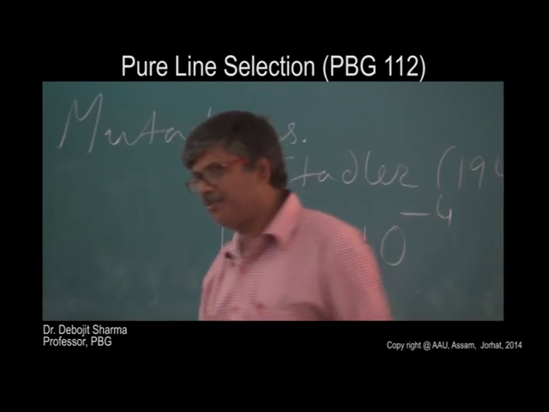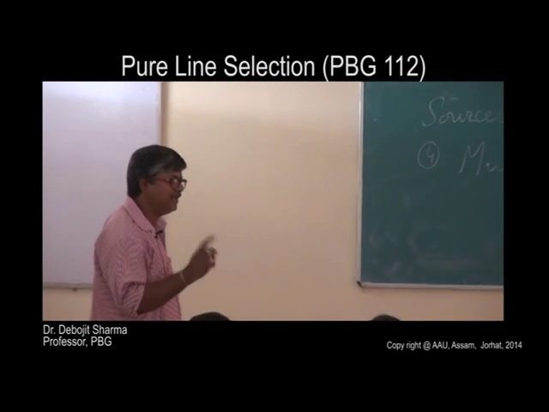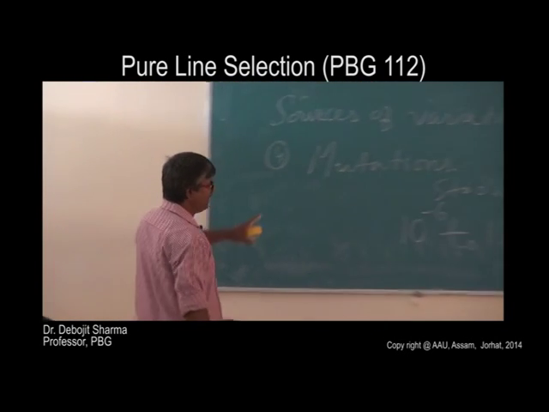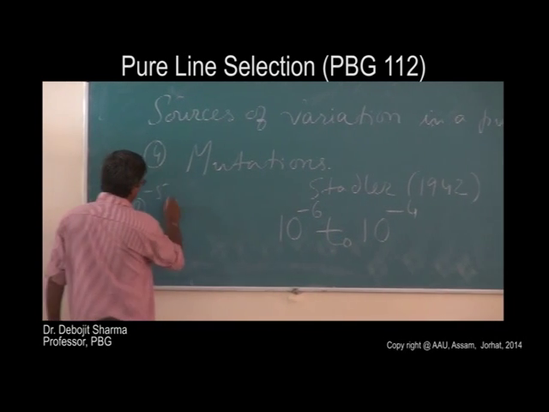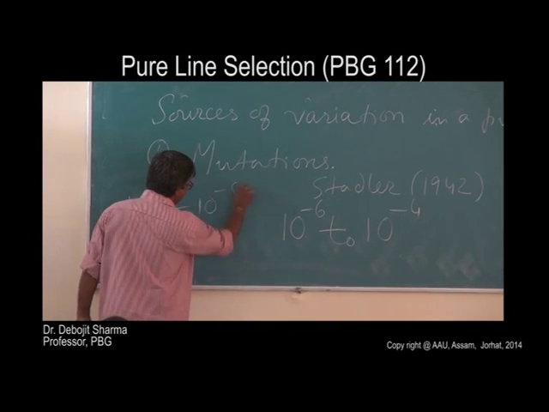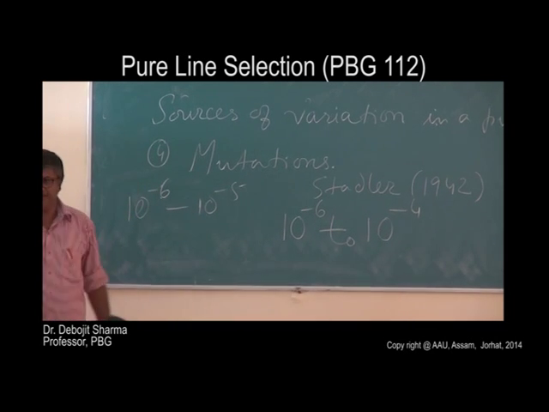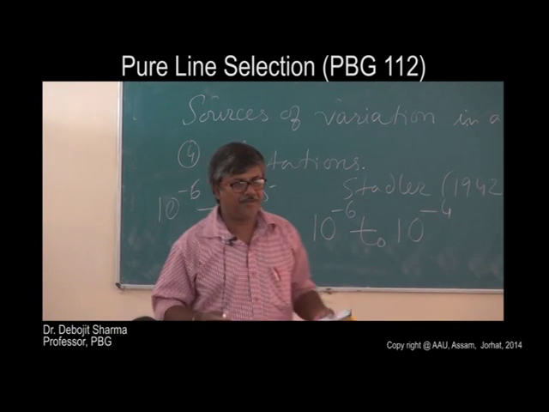Similarly, in other crops also, the spontaneous mutation frequency is very, very low. It is generally of the order of 10 to the power minus 6 to 10 to the power minus 5. It is very low. That is one. Another is that mutation is generally recurrent.